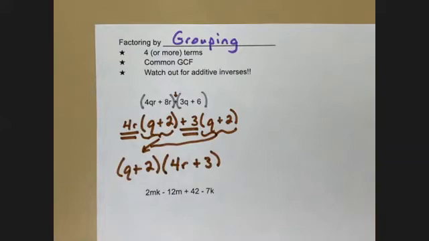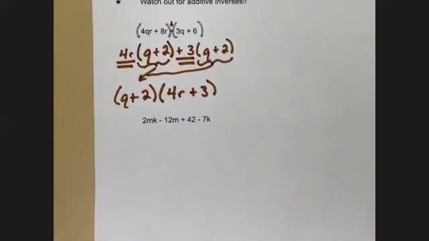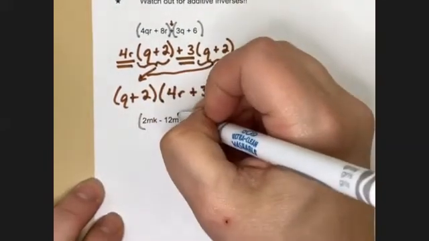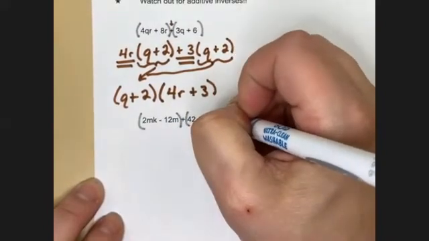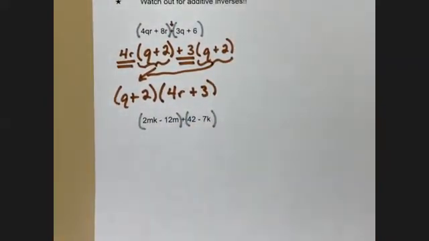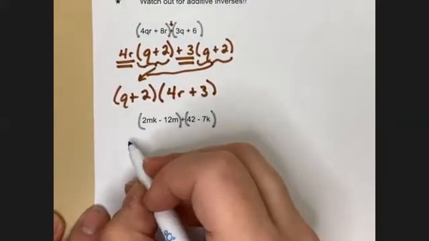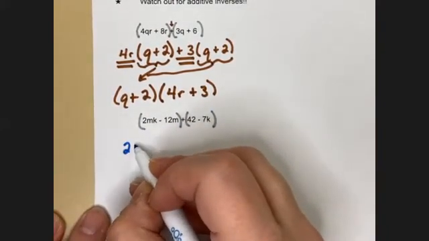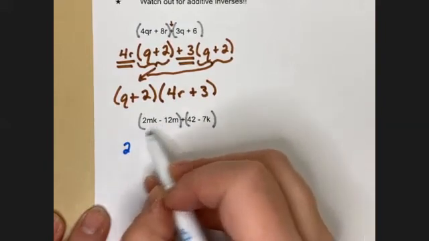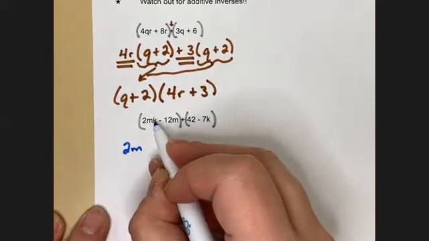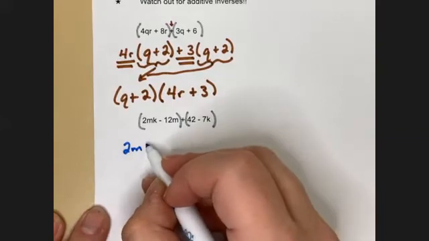So yeah, that's how you do it. Now, if I have this next one, I'm going to group the first 2 and group the second 2. And I'm going to pull out a GCF in each one. So between 2 and 12, they can both be divided by 2. M and M, they both have an M. K and not, so I can't pull anything else out.